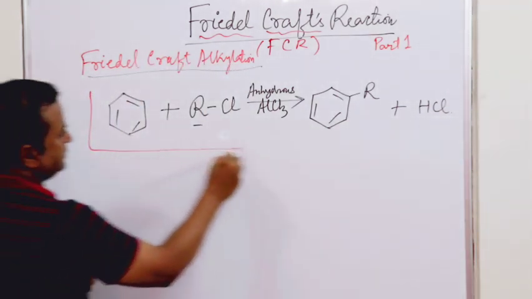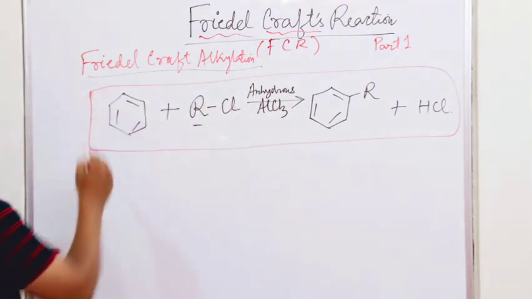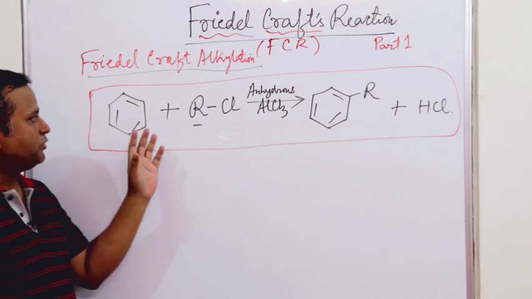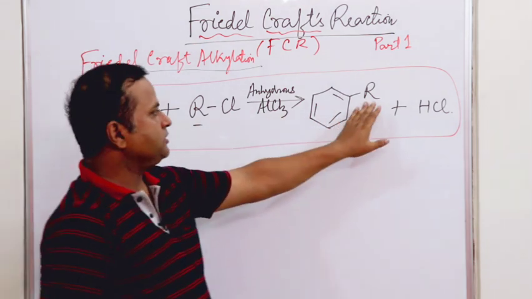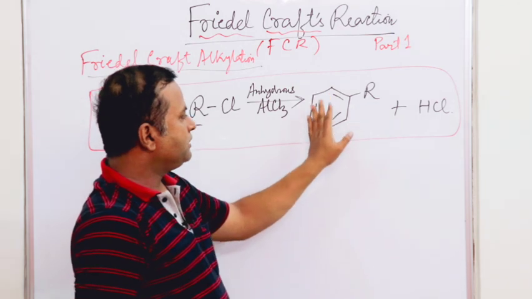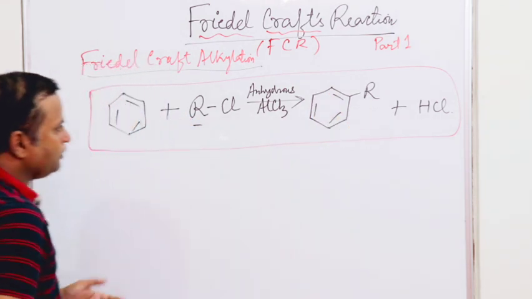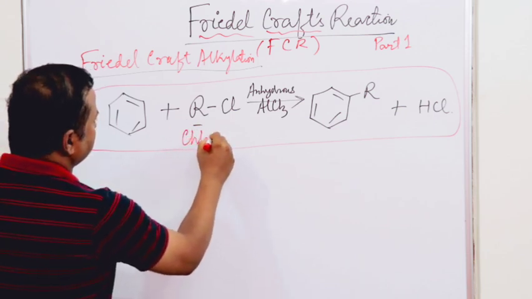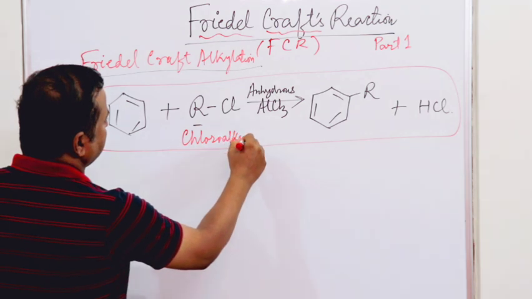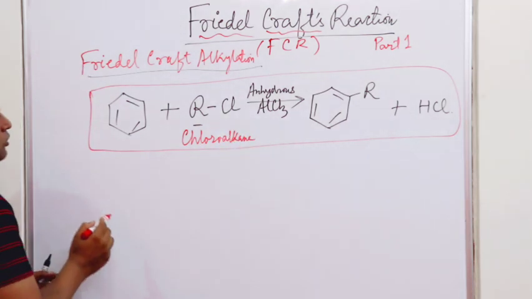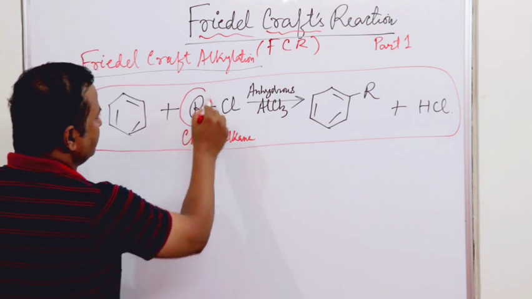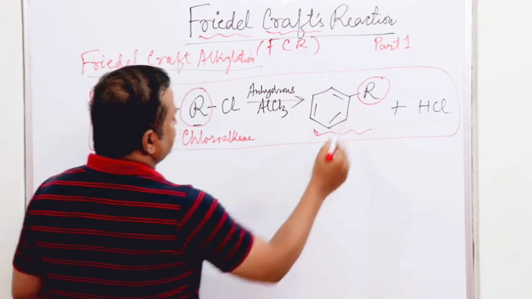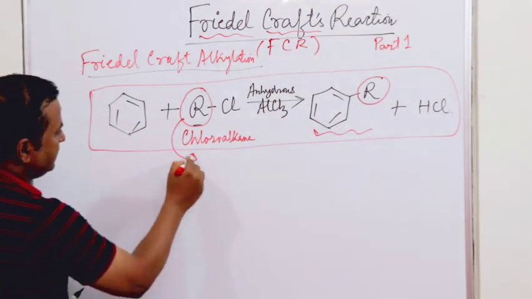See here, as I have already told, through Friedel-Crafts reaction we are capable of attaching some substituent on the benzene ring, on the arene. So how have we done that? We have taken here chloroalkane. In presence of chloroalkane, this alkyl group has got attached on the benzene ring.